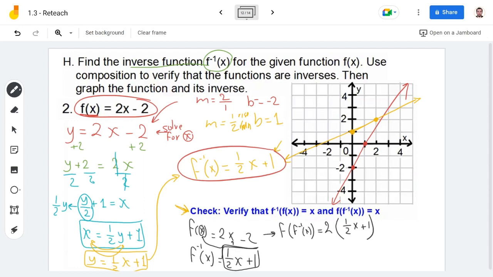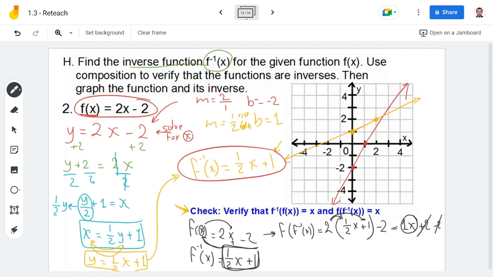Use the distributive property: 2 times 1/2 equals 1x, and 2 times 1 equals 2, then minus 2. Minus 2 with plus 2 cancels, so my answer is 1x.